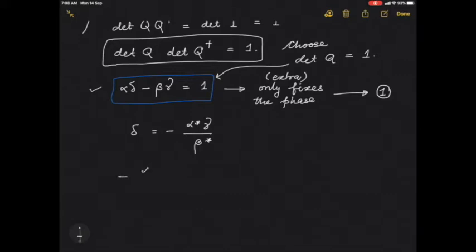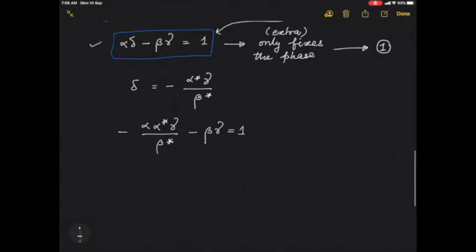So if I do alpha delta, that is alpha times delta, which is alpha star gamma by beta star, minus beta gamma equals 1. And if I take minus gamma by beta star common outside, I get alpha star plus beta star equals 1.